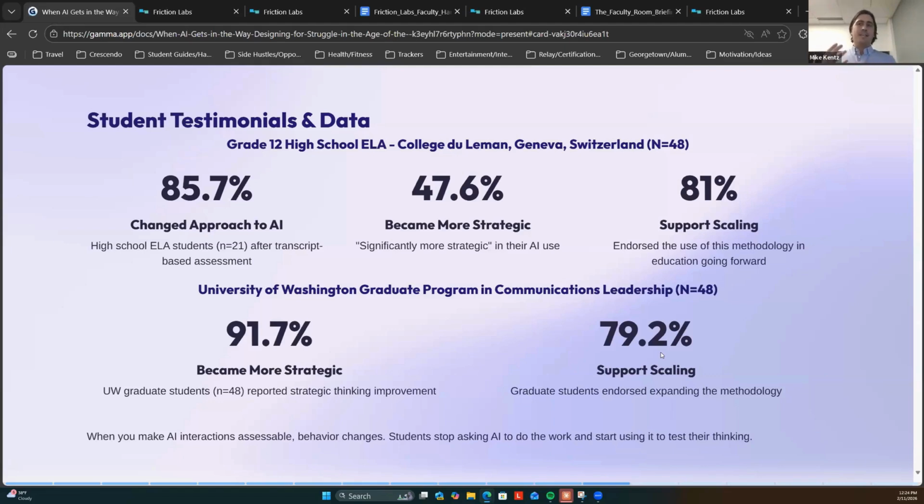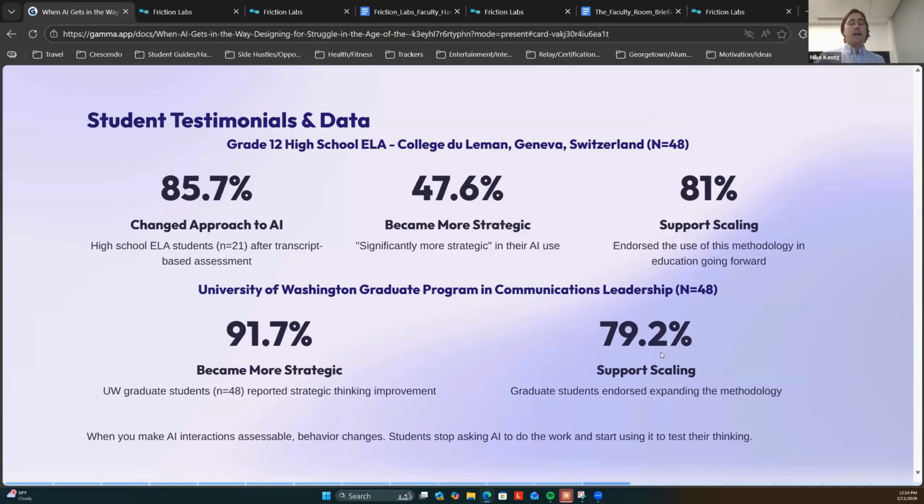But what we have found is that students actually enjoy it too. So after we did this with high school ELA students, we asked them whether or not this changed their perspective, approach, or understanding of AI. And 85% said that they had changed their approach as a result of this activity. 47% said they became significantly more strategic in their AI use, and 81% supported scaling this across education.